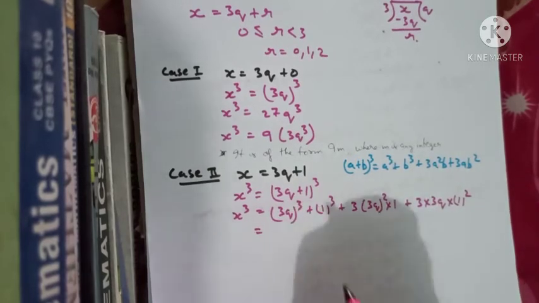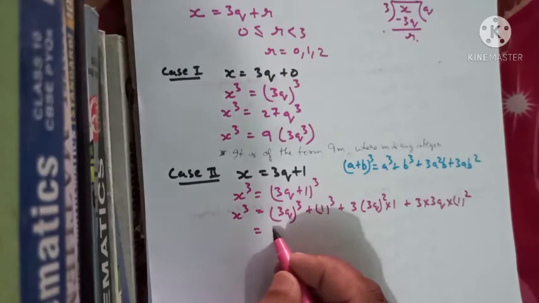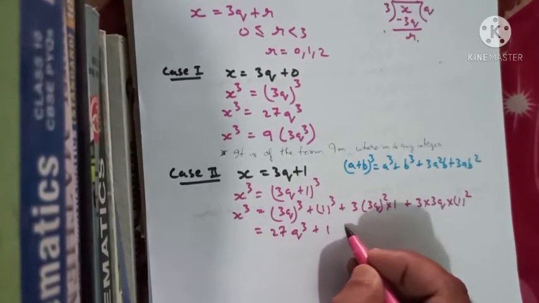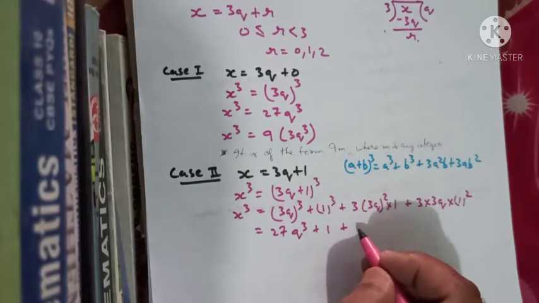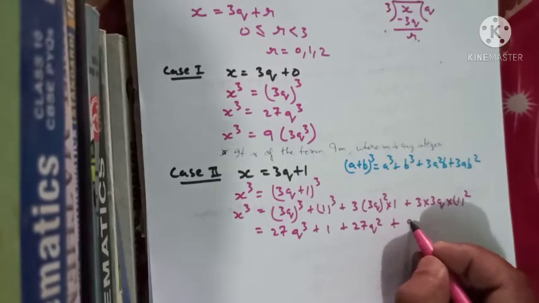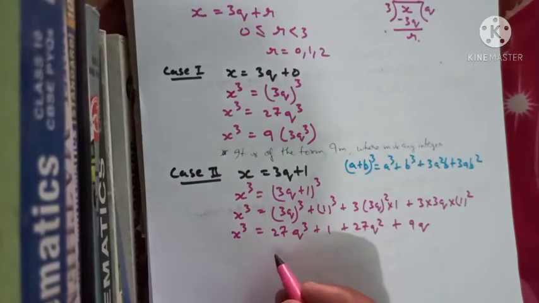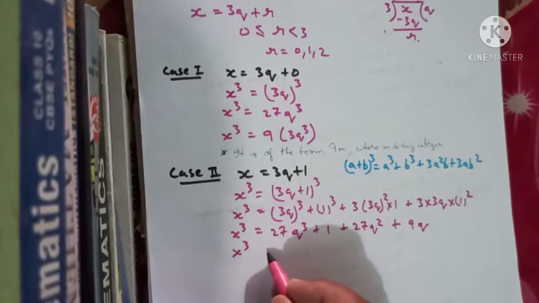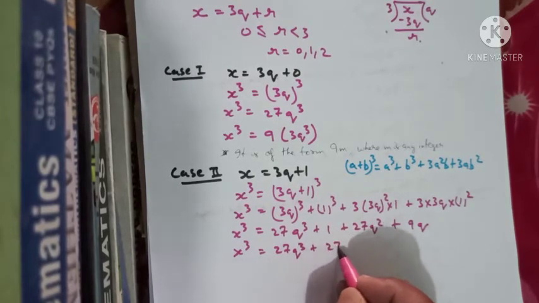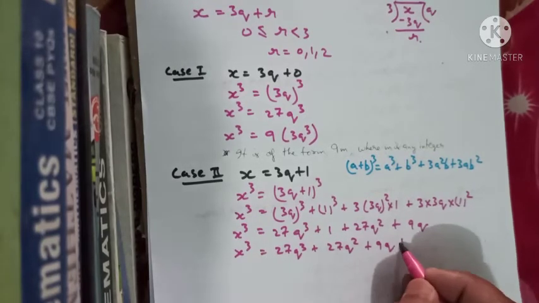So 3q whole cube will be 27q cube, plus 1 cube is 1, plus 3 times 9 is 27q square, plus 3 times 3 is 9q. Writing it in standard form, in decreasing order of degrees: 27q cube plus 27q square plus 9q plus 1.